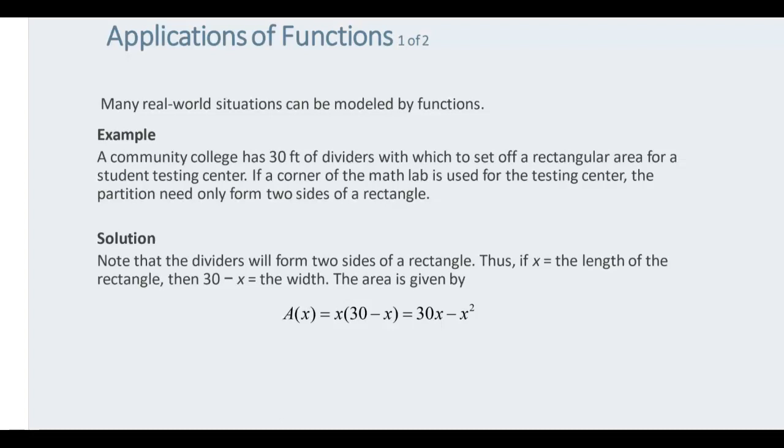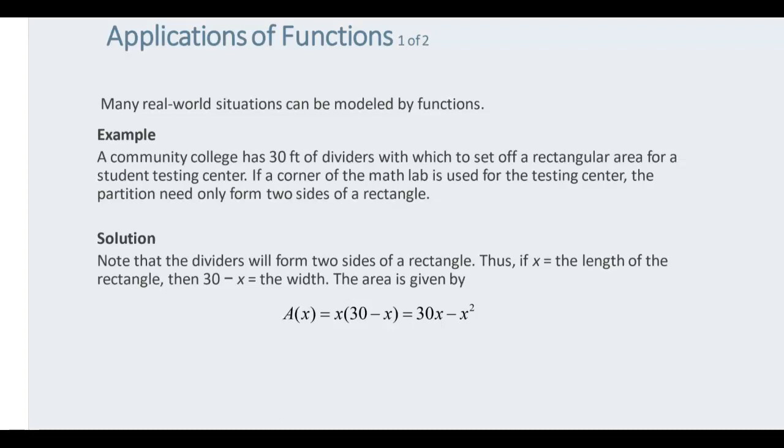Now, some of the problems that you'll work towards in pre-calculus and calculus would be to maximize the space, right? We want to have as large of a space as we can with the given dividers that we have. So we'll learn later how to maximize this problem, find the maximum value, but right now what we'll do is we'll first set up the function, and then we'll look at Desmos to see the graph to find the maximum value just by using a picture.